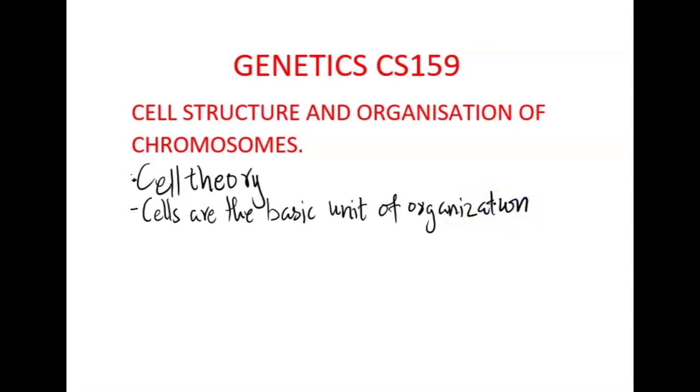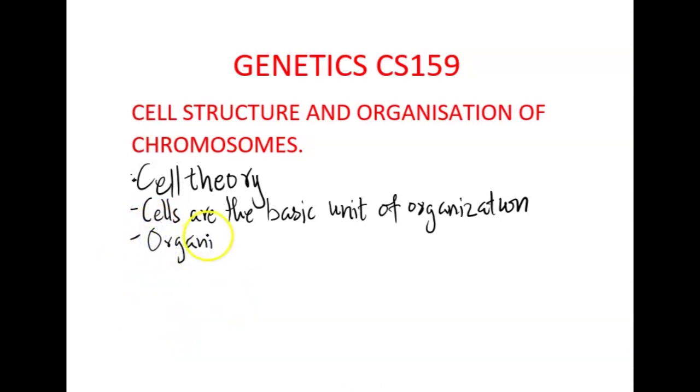In the levels of life, cells come together to make tissues, tissues come together to make systems, and systems come together to make an organism. The other theory is that all organisms are made up of at least one cell.